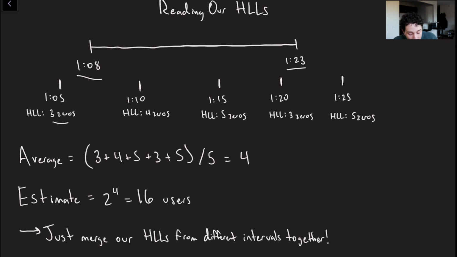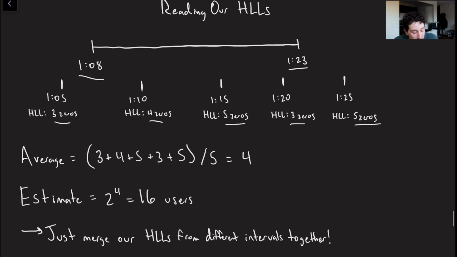And we have all of these HyperLogLog sketches. So there's 3 zeros for the 105, there's 4 zeros for the 110, 5 zeros for the 115, 3 zeros again at 120, and 5 zeros at 125. This is 5 different sketches, so we take the average across all of them, take the sum, note that this sums out to 4 leading zeros out of our biggest user ID, and so we're going to now estimate that there were 16 users in this time.